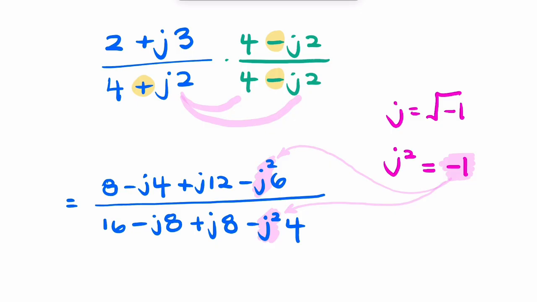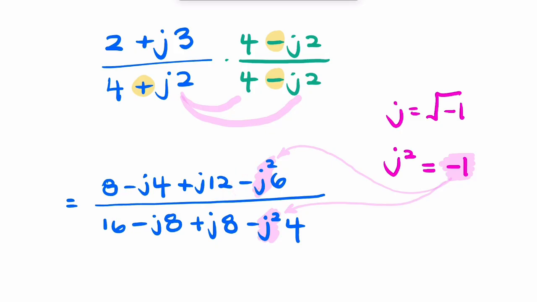So replacing j squared with negative 1 will simply change this negative sign to a positive sign. And this negative will change to a positive, because it's as if we're saying negative times negative 1 times 6. So negative 1 times negative 1 is positive.